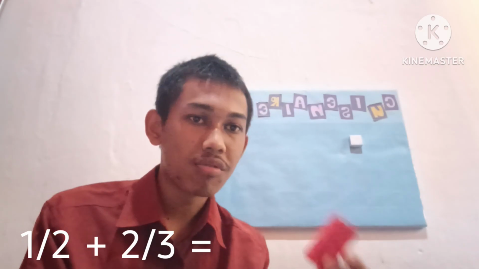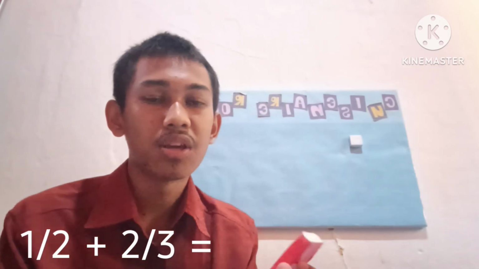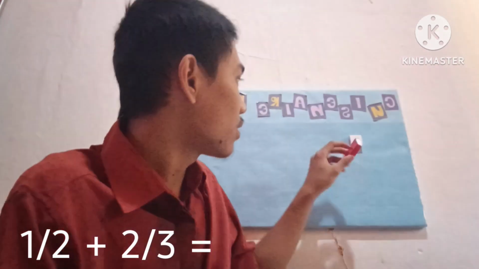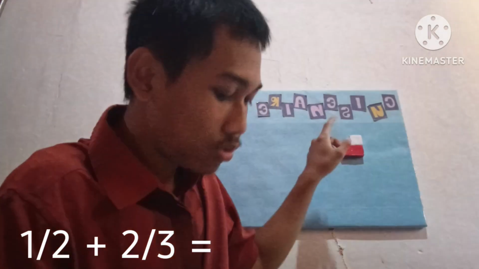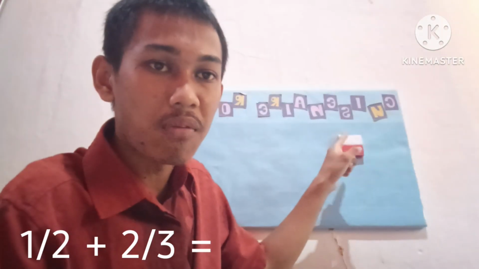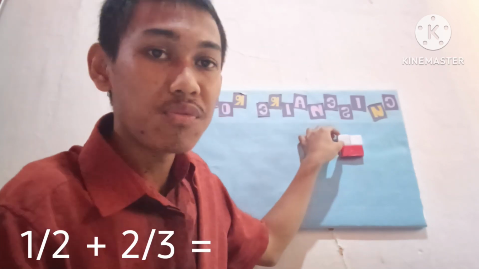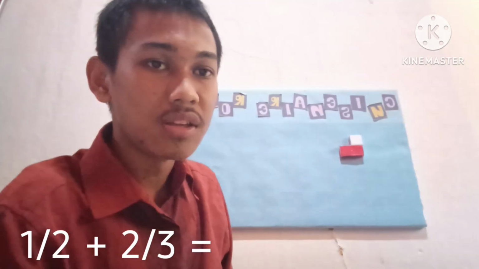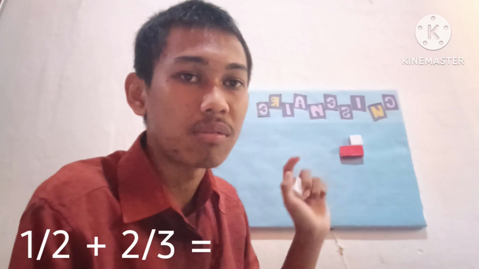And I will use the red rod as 2 units because the red rod is made from 2 white rods. It means this is 2 over 2, or equal to 1. And if we take out one white rod here, this will be equal to a half.